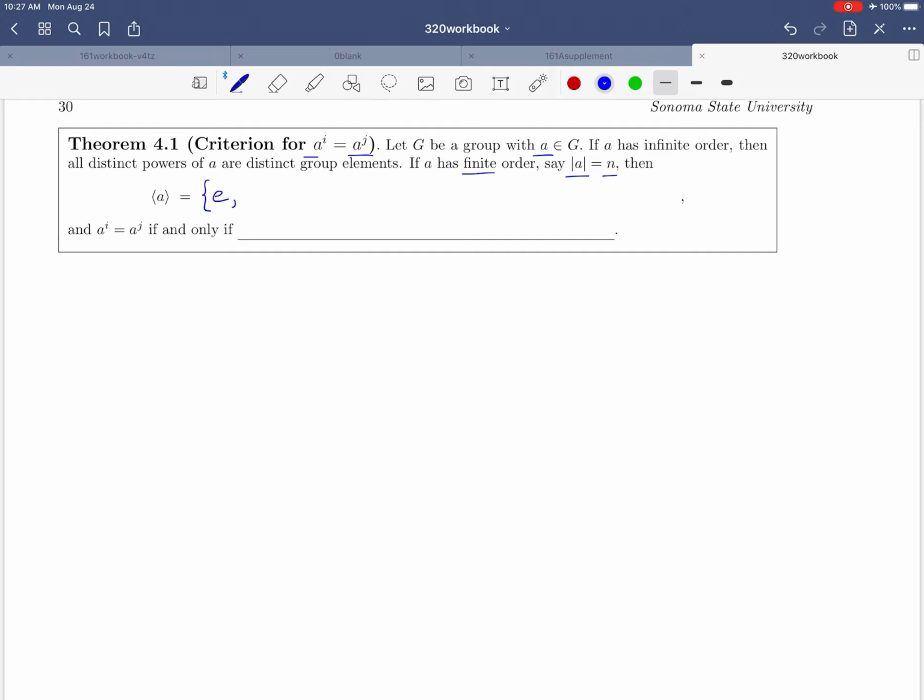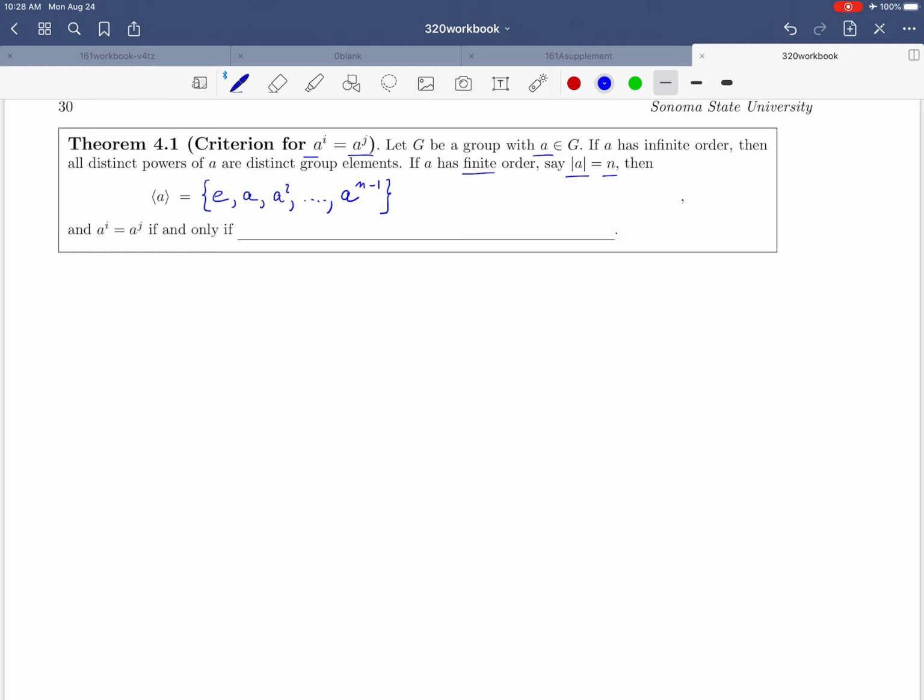Well, we have the identity, we have A, we have A squared, and so on. Where can we stop? Do I have to write them all down, or can we stop at some point? The fact is, we can stop at A to the n minus 1, because A to the n would be the identity again. So we can stop right there.